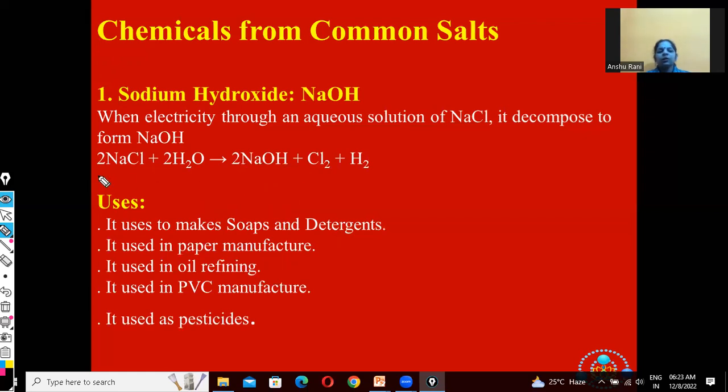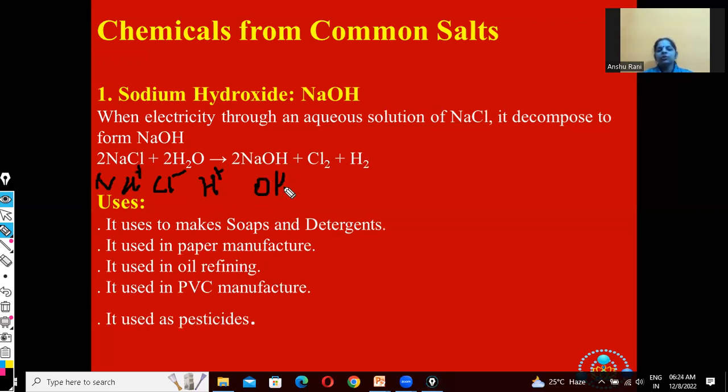NaCl will further break down to form Na positive and Cl negative ions. Water will break up to form H positive and OH negative ions.